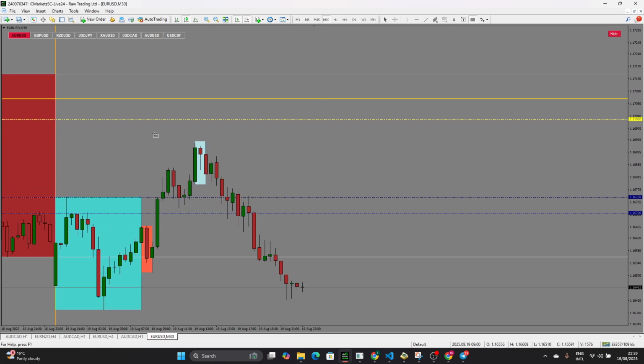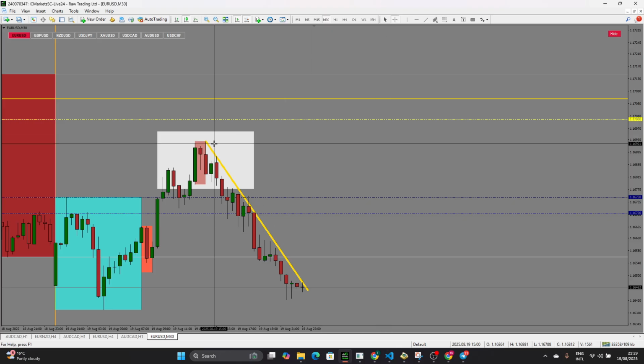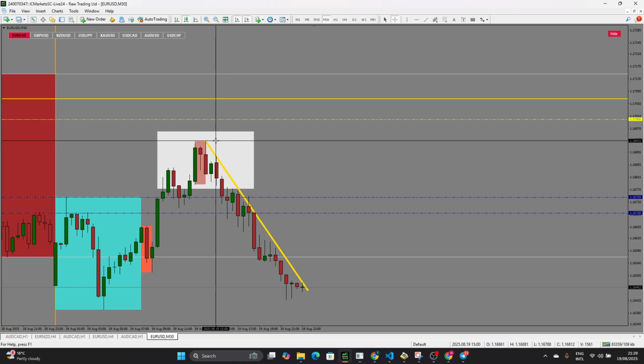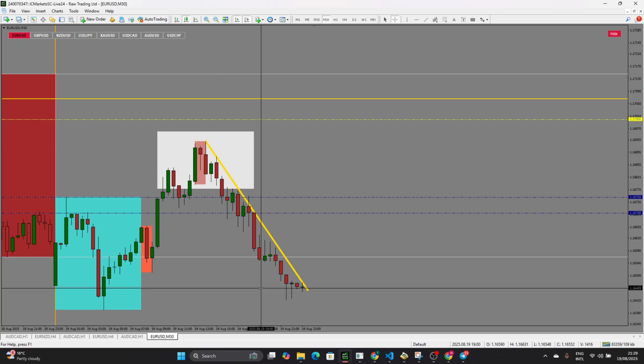This was the high of the day where retail traders decided to go long, but then price moved all the way around to drop from almost 117, or 116.93, to 116.45. That's around 45 pips.